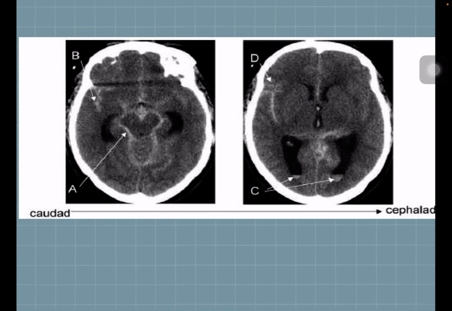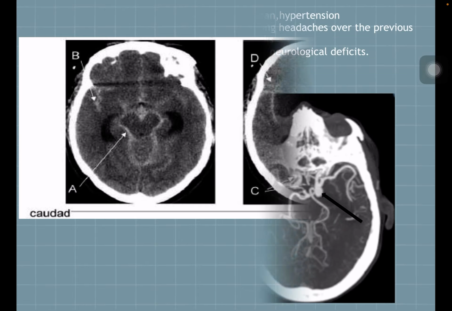So here we have an example of subarachnoid hemorrhage involving the basal cistern and also extending to the sulci. Here, B and D, the sylvian fissure, and also there is an extension into the lateral ventricle.